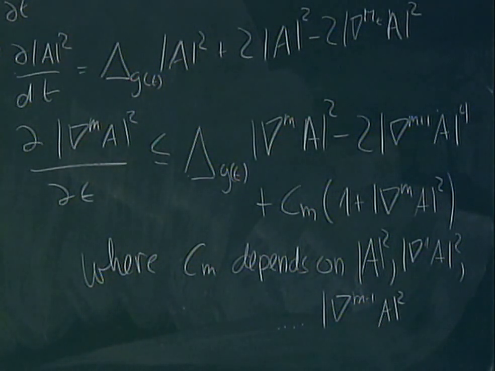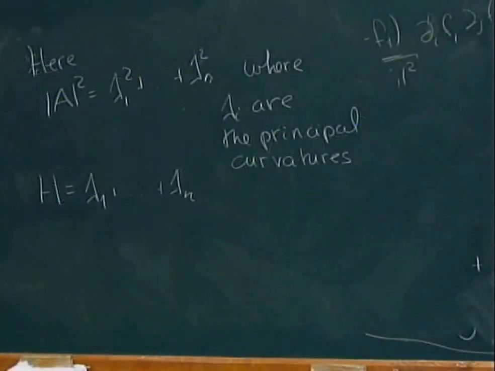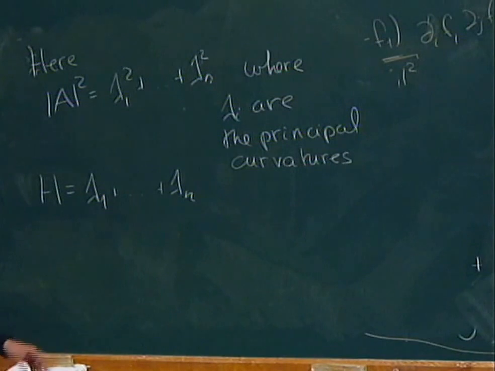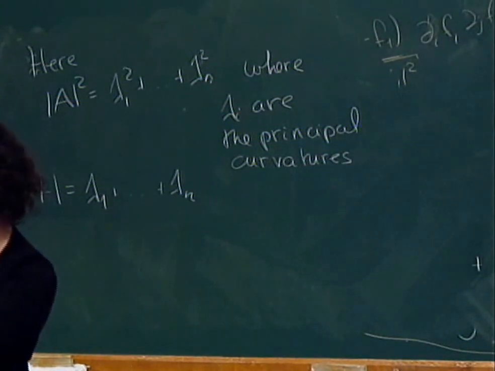So H is actually lambda 1 plus up to lambda n. And you can compute this directly in terms of the second fundamental form, but I'm not going to do it. I mean, you can write it explicitly in terms of the hij's and the gij's. But I think I don't have time to actually.